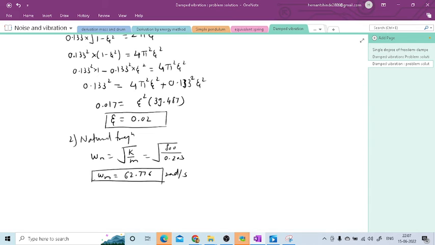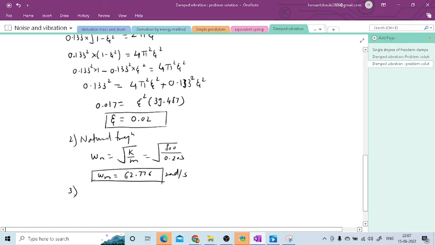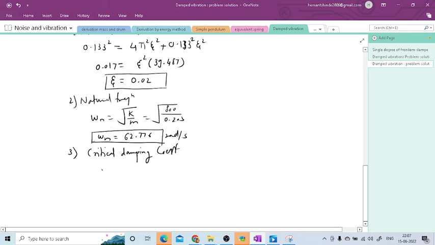Now we'll put this omega n into the formula of Cc. So the next formula we are going to use is critical damping coefficient. So critical damping coefficient Cc is nothing but 2m omega n.